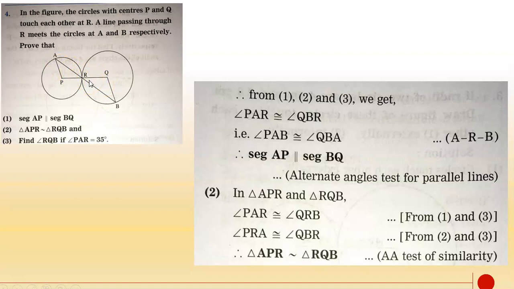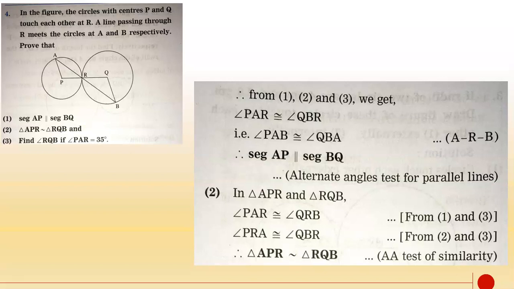And angle PRA is congruent to angle QBR, from 2 and 3. So I have two pairs of congruent angles. On the basis of this, I can say that triangle APR is similar to triangle RQB by the AA test of similarity.